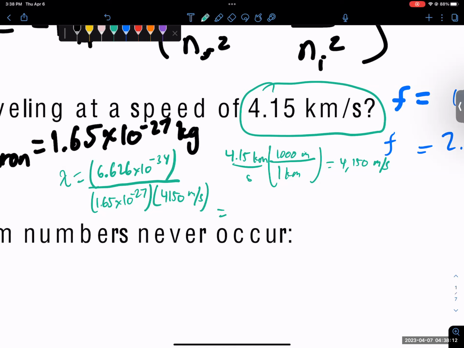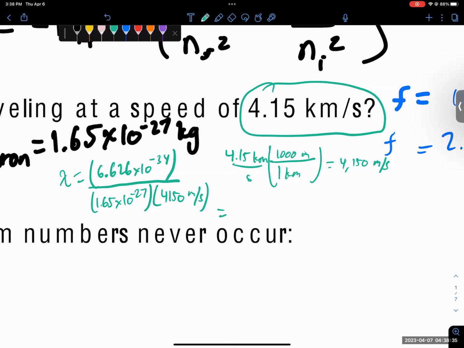6.626 times 10 to the negative 34, all over 1.65 times 10 to the negative 27 times 4,150.